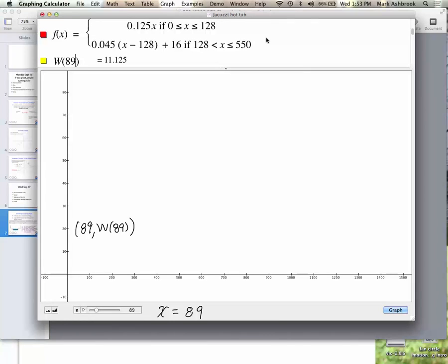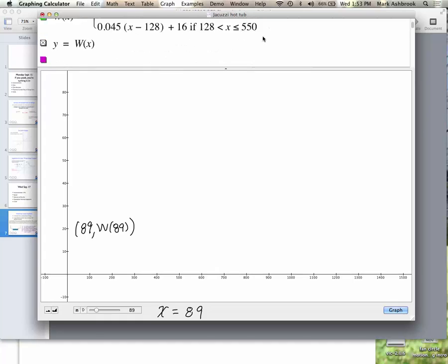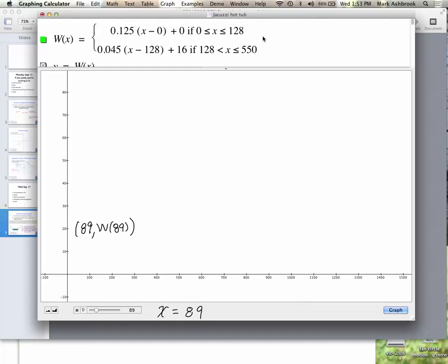What's that? Will that automatically put it into the equation that it's relevant to? Right, so good question. What is graphing calculator doing with W of 89? I've named it F to graph, but back up here, it's looking at what I call W, and what is it doing? It's saying X is 89, therefore, it's between 0 and 128, so it's going to put that into the first line and generate W based on that first line, okay?